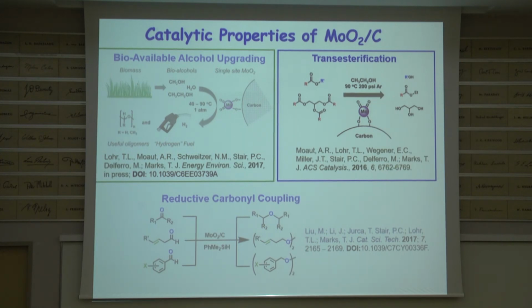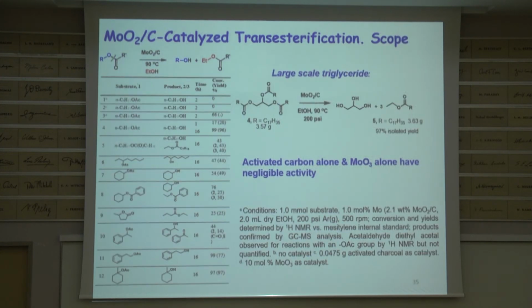I'm going to talk about transesterification first, and the idea is catalysts which you could use to treat biomass, and then we're going to talk about something that's a real surprise. Most of this work was done by Tracy Lohr, an absolutely phenomenal postdoc from Canada. And these catalysts are really, really active.